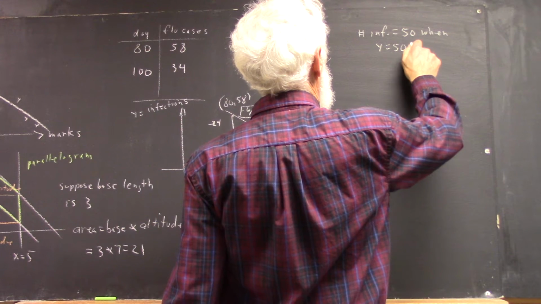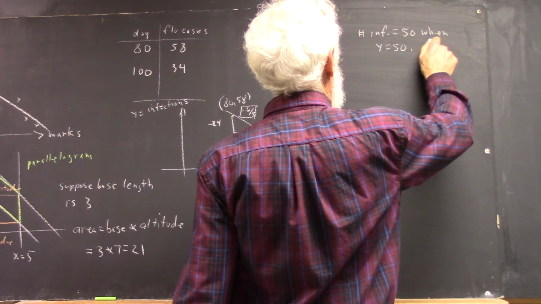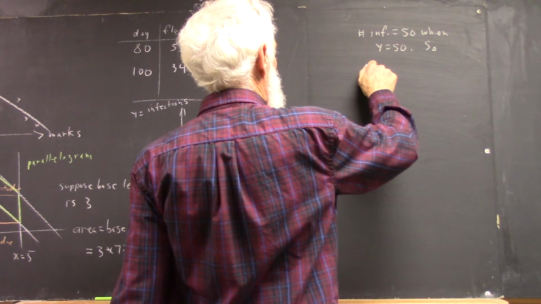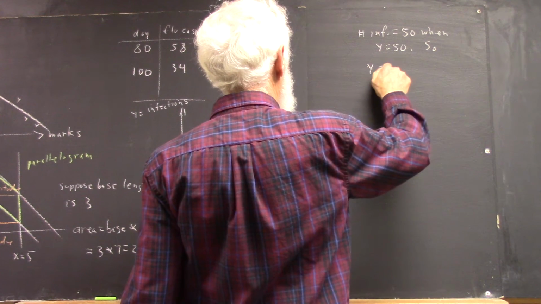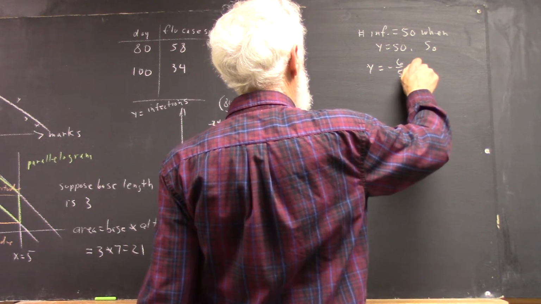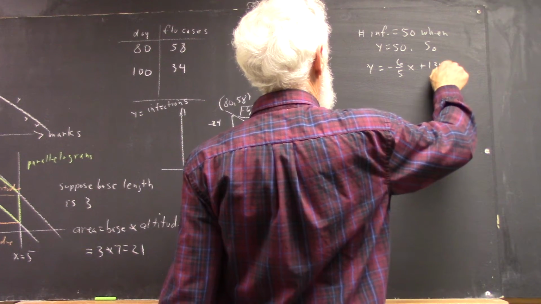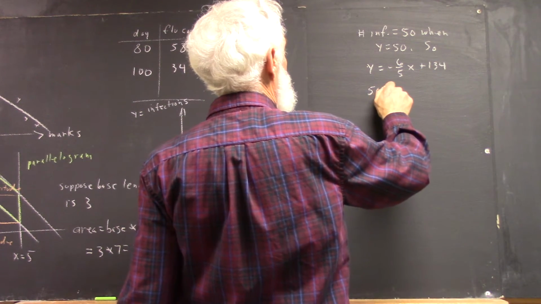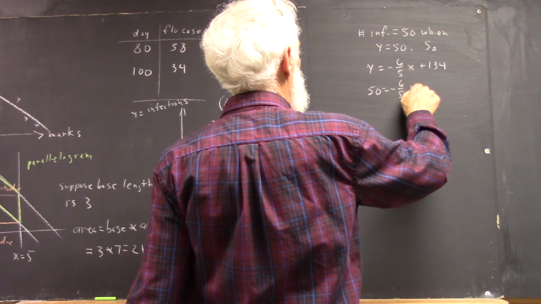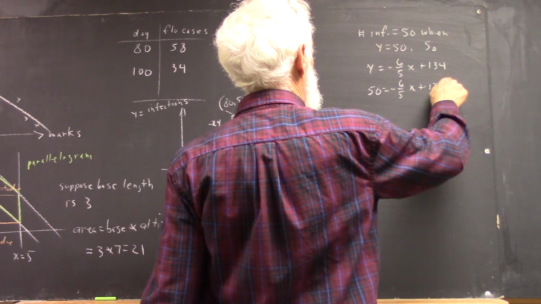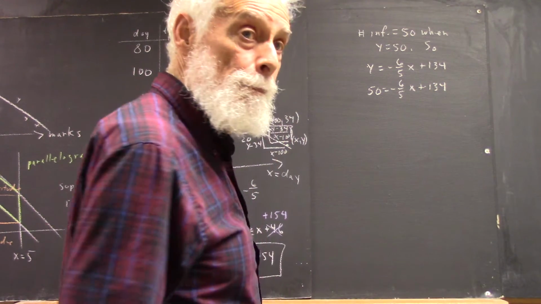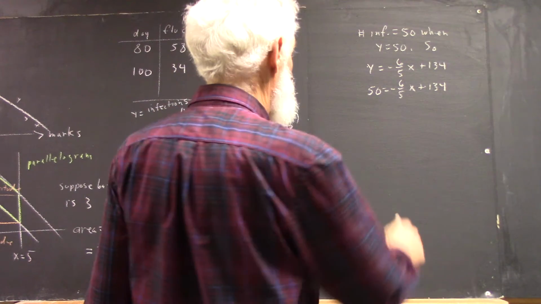So Y equals 50, that's the equation. So, your equation Y equals -6/5 X plus 134 becomes 50 equals -6/5 X plus 134. Okay? So solve for X.